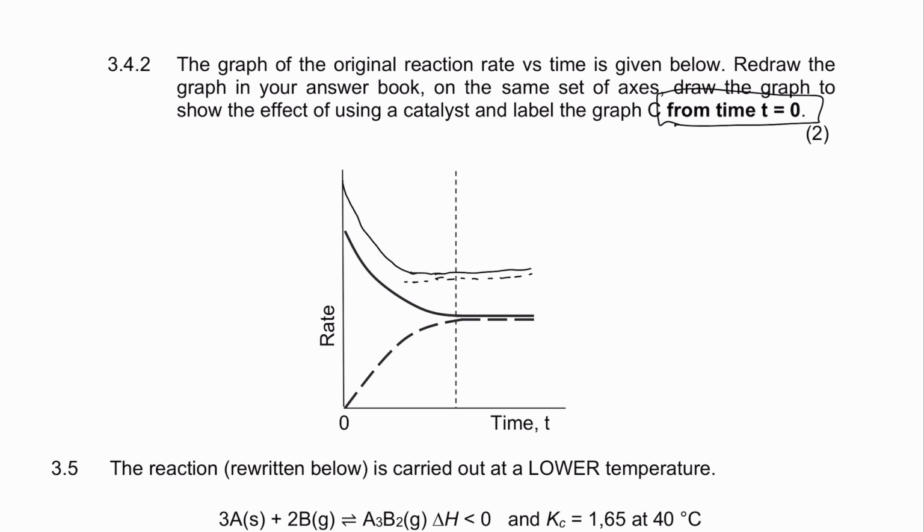And for the dotted one, it can't start below 0. So it's going to start at 0, but it's going to curve like this. So two things to look out for. It needs to be higher, and it needs to reach equilibrium or flatten out sooner. So this one flattens out roughly here. Just those two things to look out for.